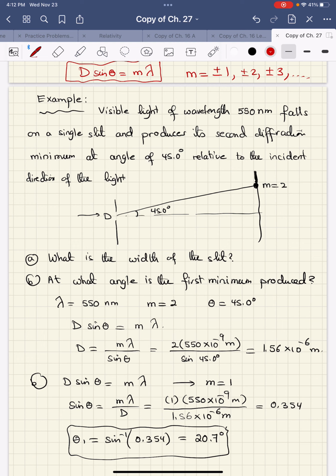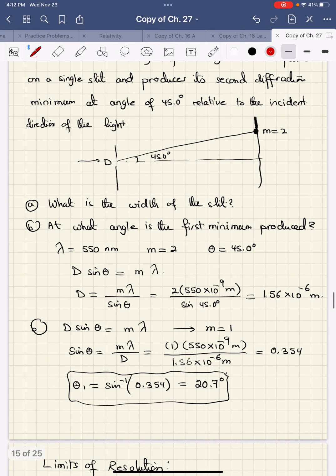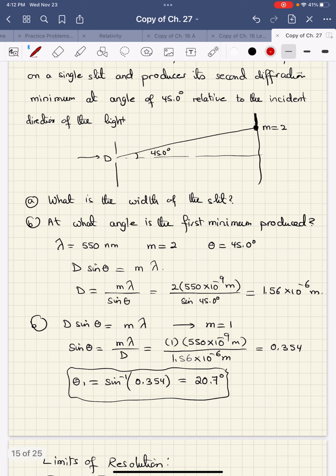Lambda is 550, m is 2, theta is 45, and D sine theta equals m lambda, so D equals 2 times 550 times 10 to the negative 9 meters divided by sine 45, and that is going to give us 1.56 times 10 to the negative 6 meters.